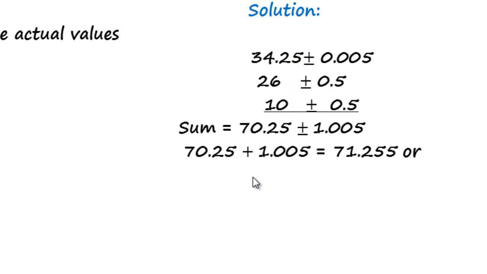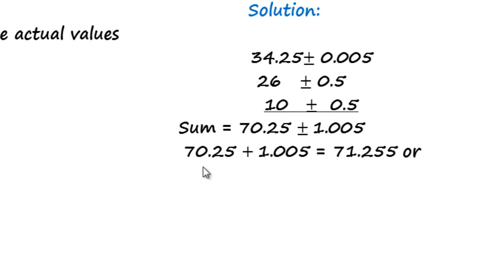Now it means that you are talking about 70.25 plus 1.005 or 70.25 minus 1.005. That is what they are saying.